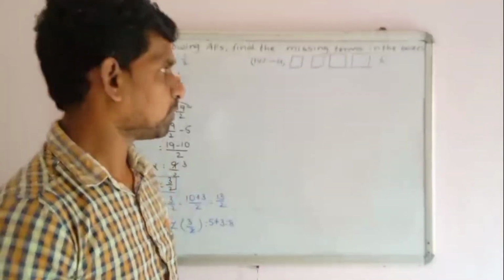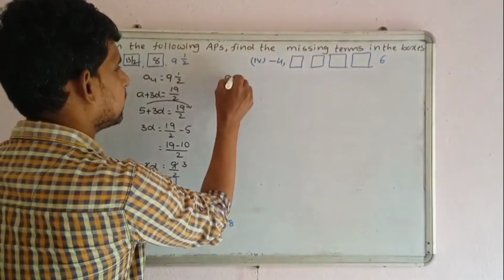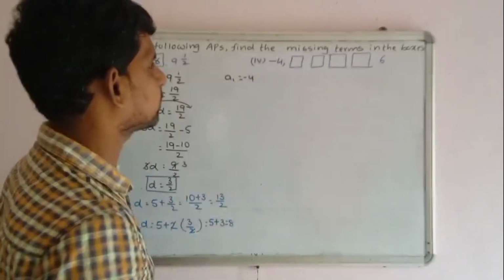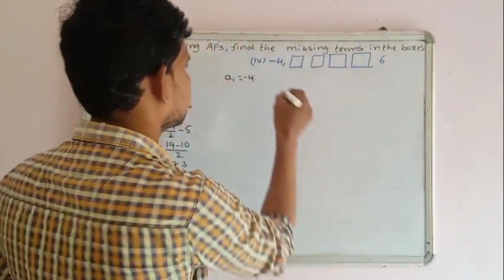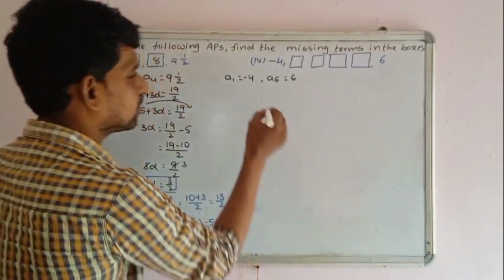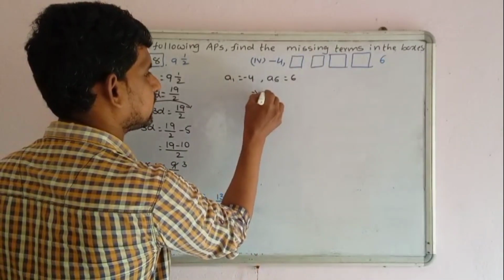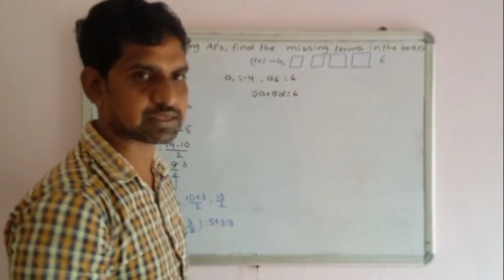Coming to the fourth problem. A1 equals minus 4 and A2, A3, A4, A5 are missing, A6 equals 6. So A6 is nothing but A plus 5D equals 6.